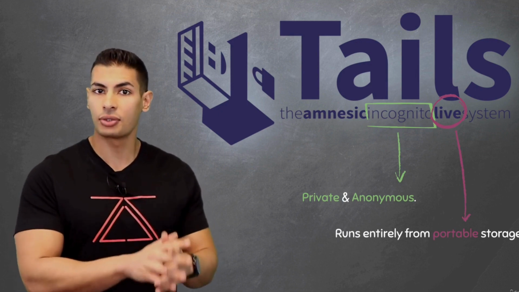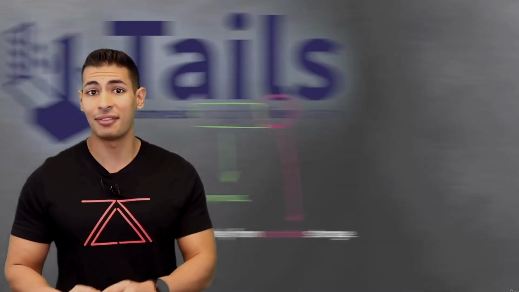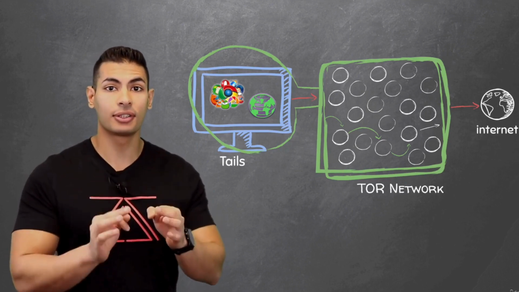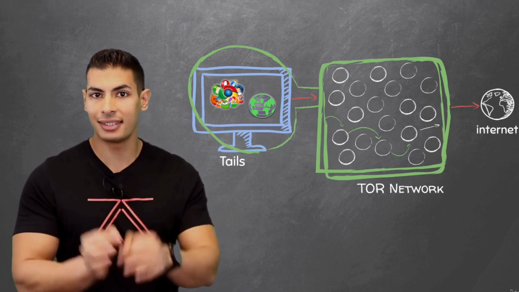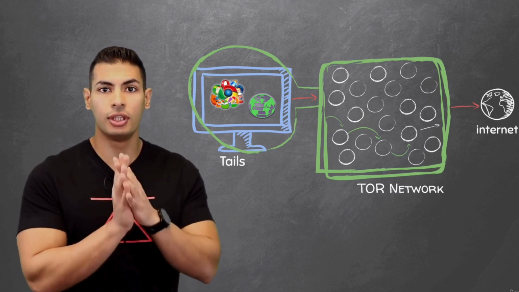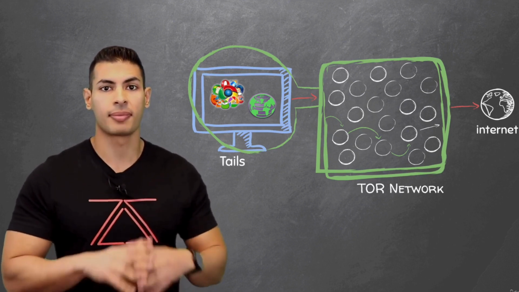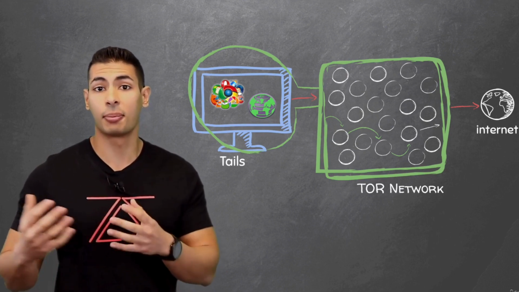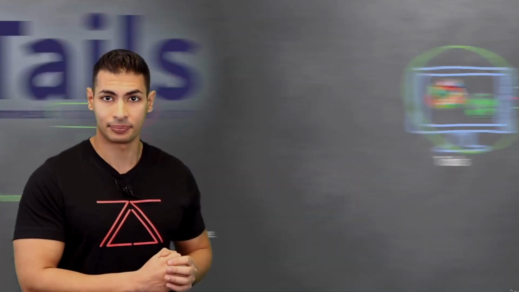So not only browsing traffic, not only messaging traffic, anything you do on that system or any program you even install on that system will have to use the Tor network for its traffic. Therefore, it eliminates the fear or the risks of other programs leaking data.